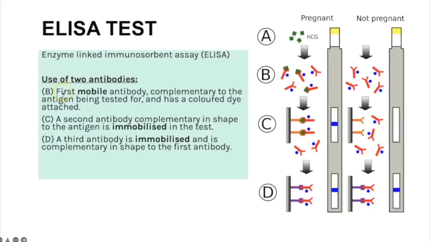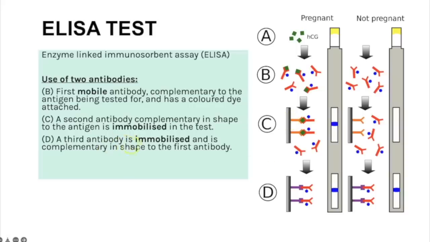So first of all, the first mobile antibody is complementary to the antigen being tested for and has a coloured dye attached to it, we can see just here. At part C, we have a second antibody, which is complementary in shape to the antigen as well, but this one is immobile, so it's attached to a fixed position.